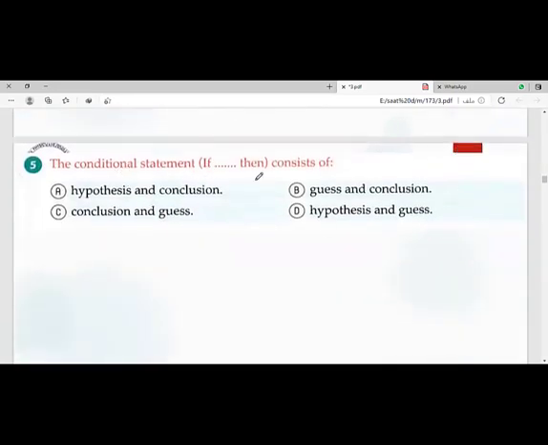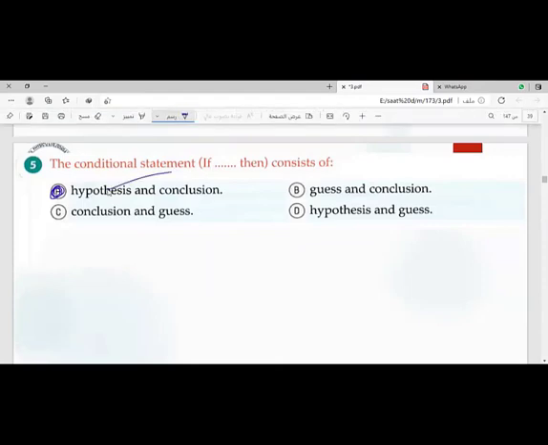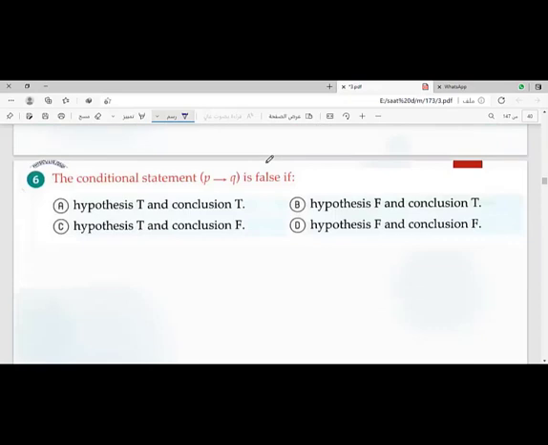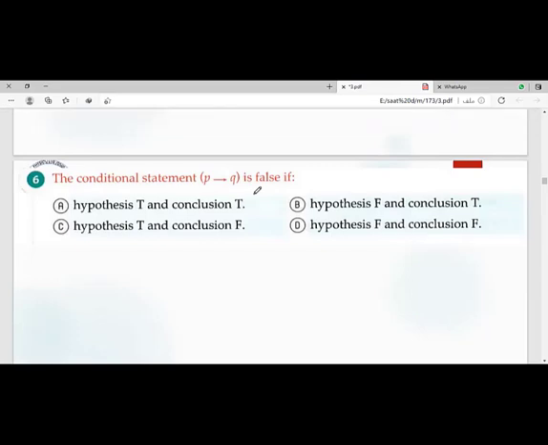The conditional statement if-then consists of a hypothesis and a conclusion. The hypothesis is after if, the conclusion after then. The conditional statement, if p then q, is only false in one condition: if the hypothesis is true and the conclusion is false.